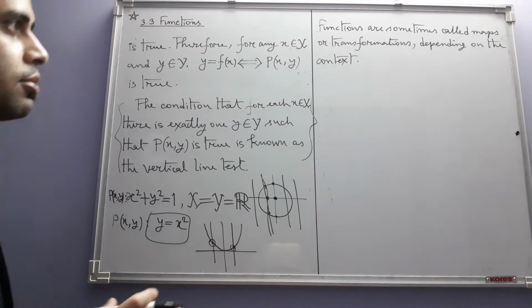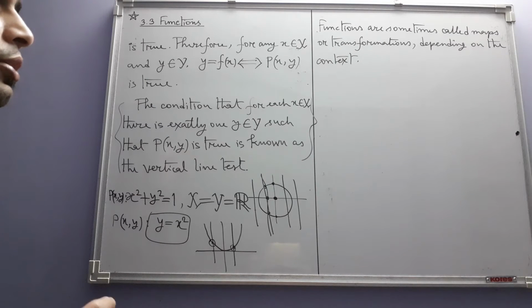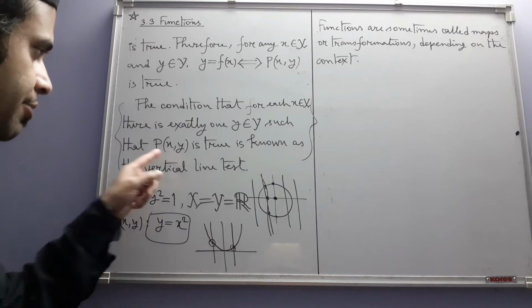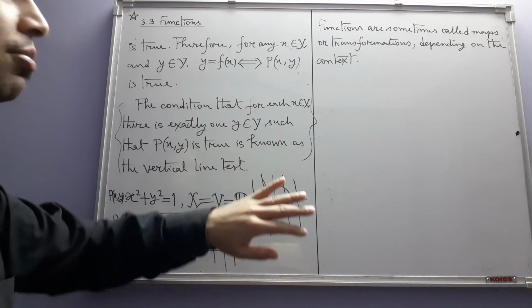Every now and then, functions and maps are used interchangeably, these two words. Transformations, however, this word is used in many places where we are thinking of a function as transforming one object, transforming x to y, or transforming x to f(x).